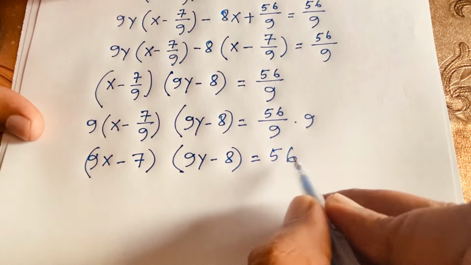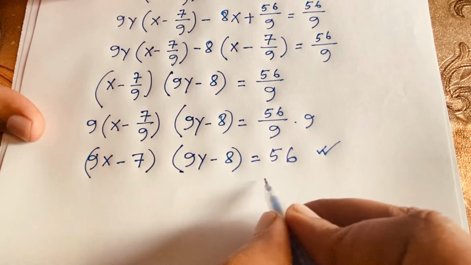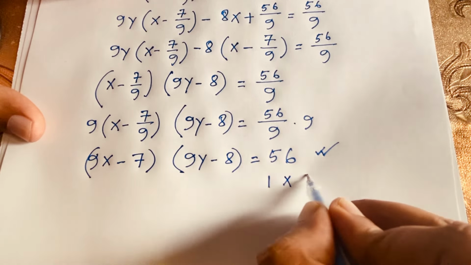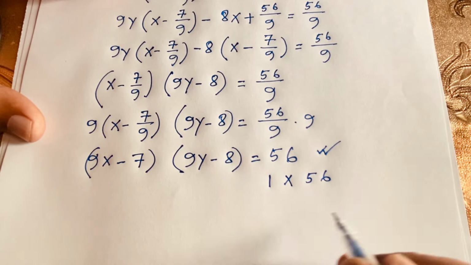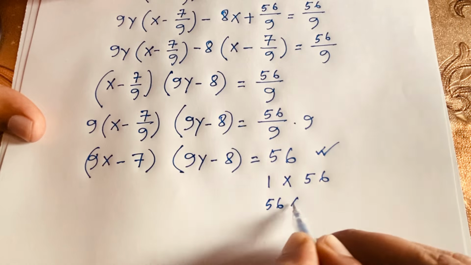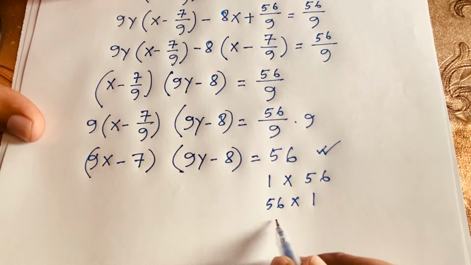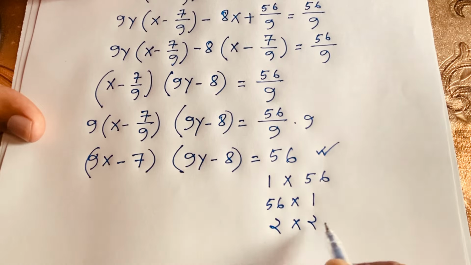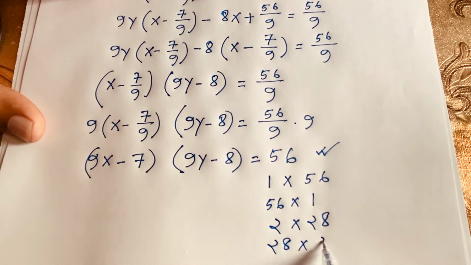So here is 56. First of all, I can say 56 will be 1 times 56. Then I can say another factor pair, it will be 56 times 1. Then I can say it will be 2 times 28, or 28 times 2.